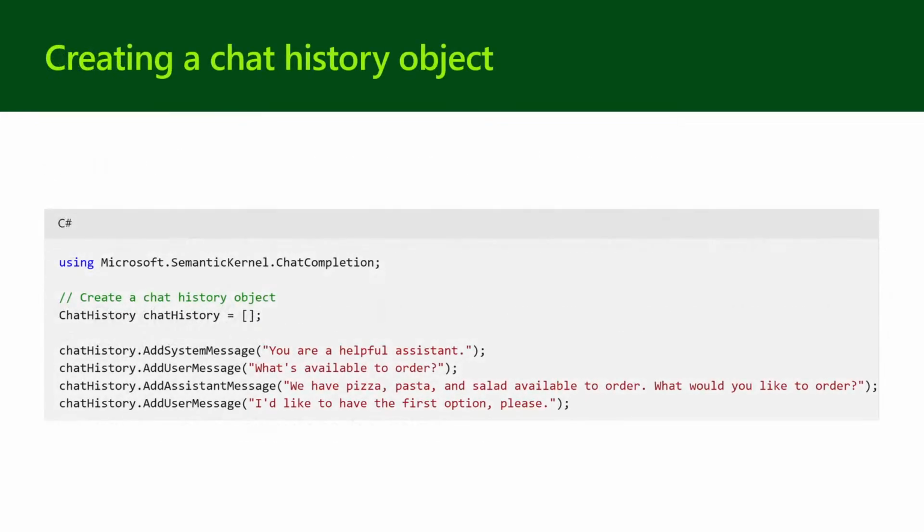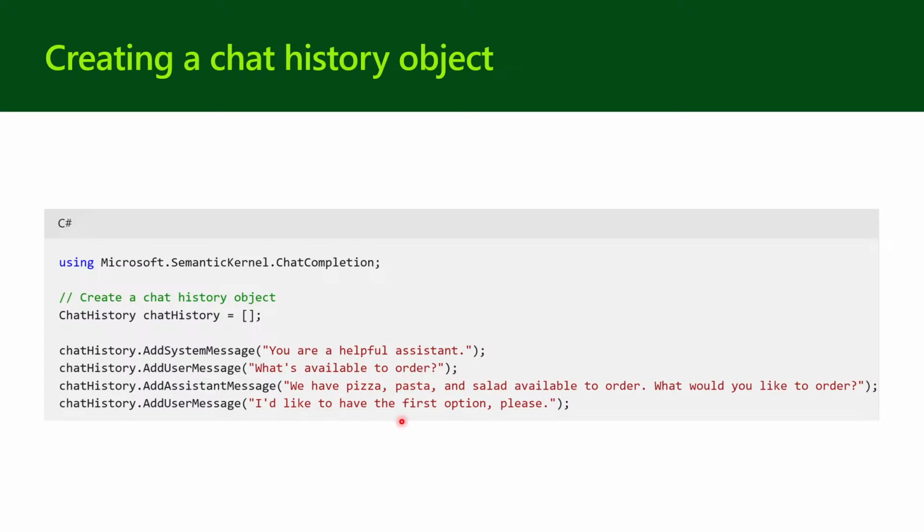So here's how to create a chat history. You already saw it. Chat history object, right? And then, for example, here, add a system message: You are a helpful assistant. Define the role of your assistant, right? Then add user message: What's the available order? Or you can ask user to type this message in the user interface, and you add it to the chat history at the background with your code.